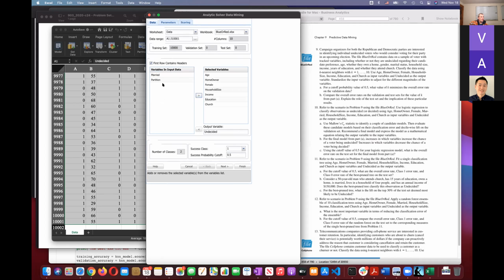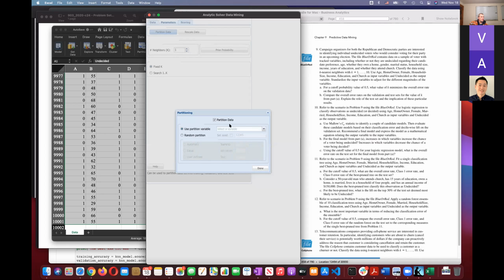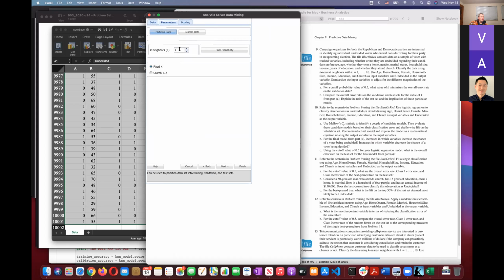We are left with married and partition. Go next. Partition data, partition, use variable. Select that. Done. Search K, go 1 through 10. Next. Let's go ahead and leave that. I still want the lift chart.